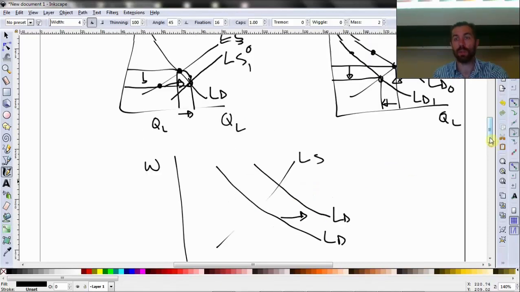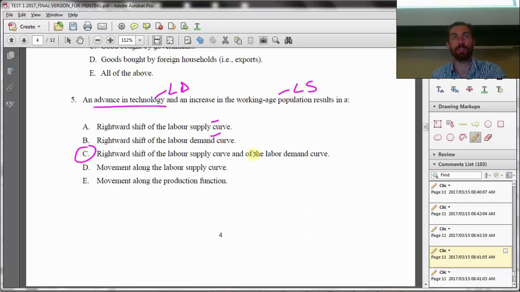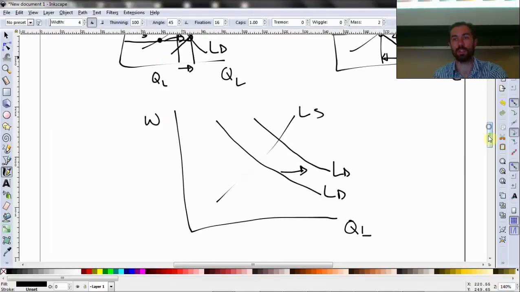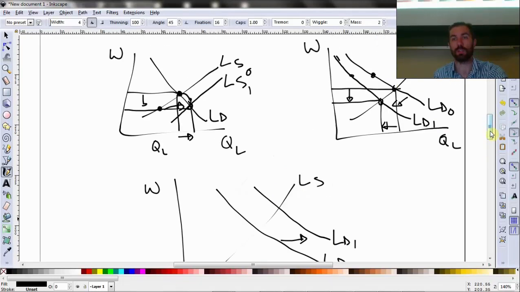In the same way that in our previous example, when capital was destroyed, I said that's like a negative productivity shock, it shifts labor demand to the left. An advance in technology is a positive technology shock, and a positive technology shock shifts labor demand to the right, the opposite of what we discussed previously. Okay?